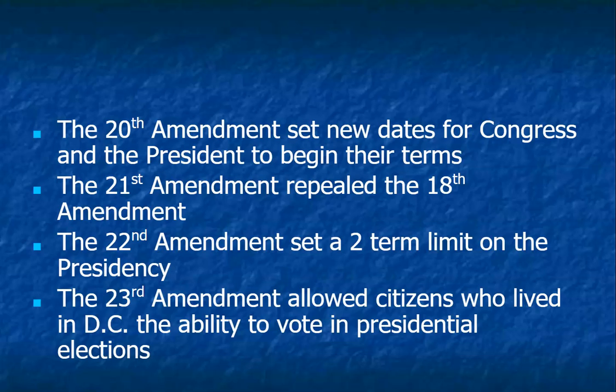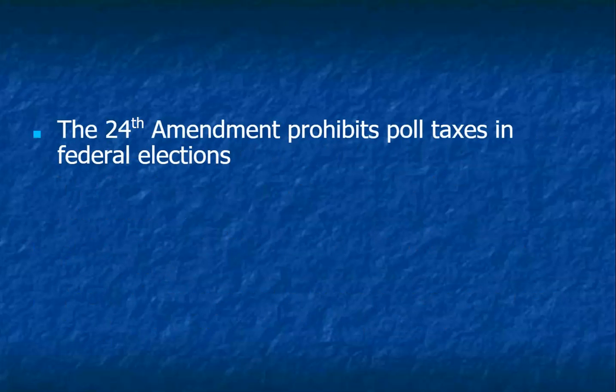As it is today, if you're near Washington, D.C., you might have noticed the license plates actually have the motto, taxation without representation, because they don't have any members in Congress who can vote. So their statement is they are being taxed as members of the country, but they don't have any say in Congress. The 24th Amendment prohibits poll taxes in federal elections.